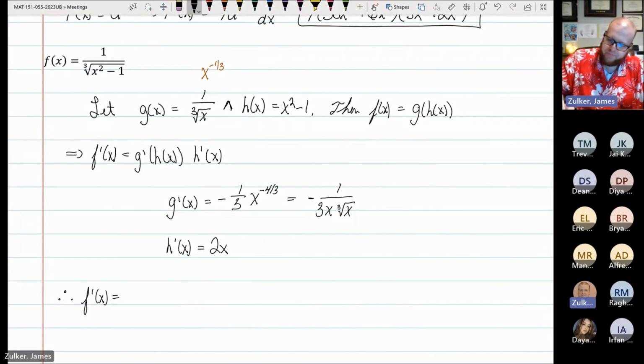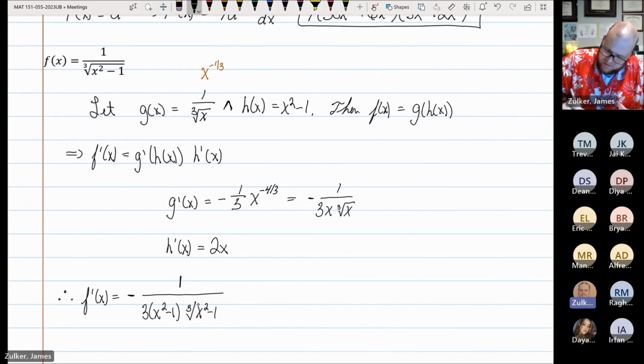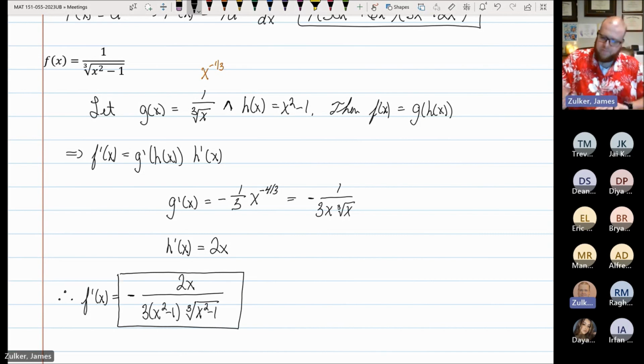Therefore, f prime: look at g prime, replace x with what we said h was, x squared minus 1, and now multiply it by h prime. There's your derivative.